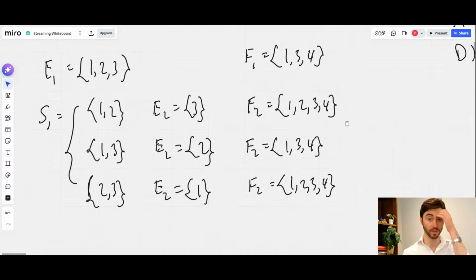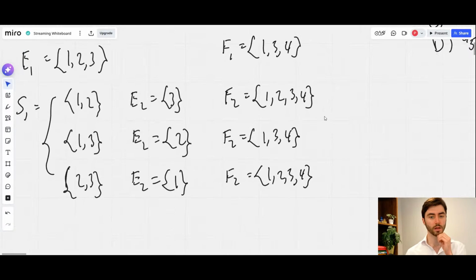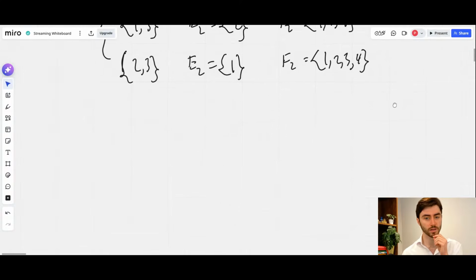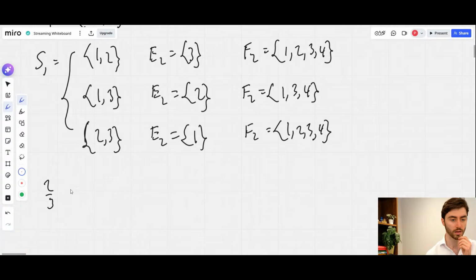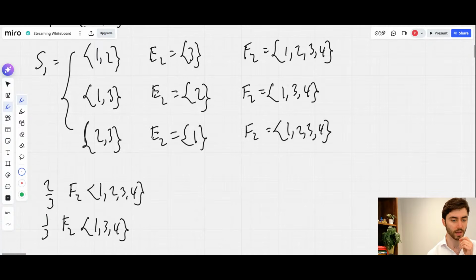But I'm certain about this so far. Let's consolidate this now. So there is a 2/3 chance of F2 being 1, 2, 3, 4. And there's a 1/3 chance that F2 is 1, 3, 4. Okay, that's what I know so far.